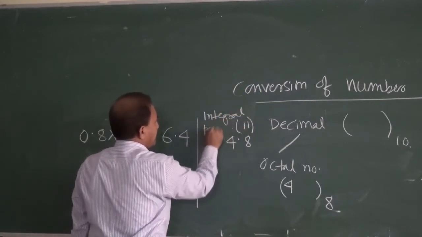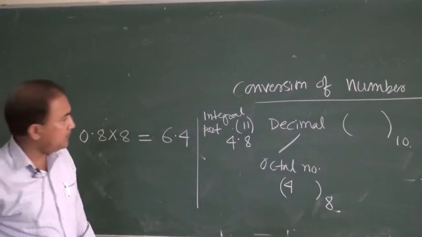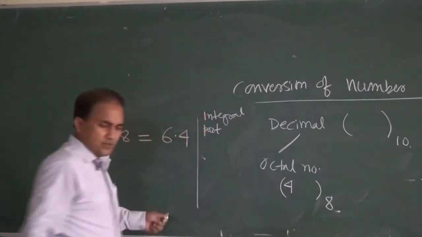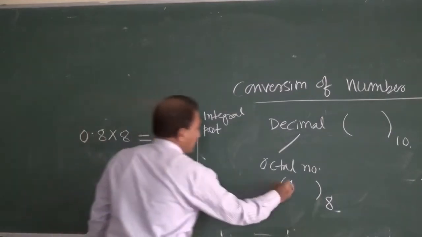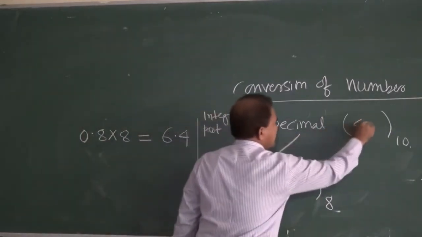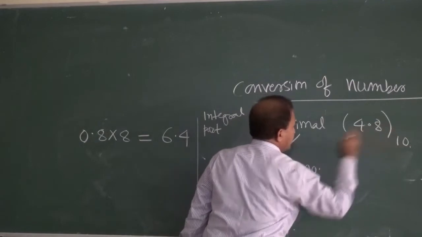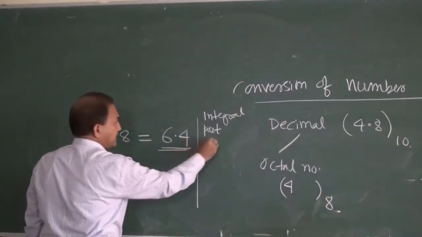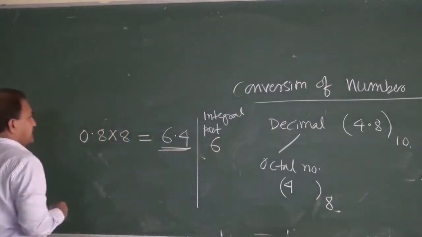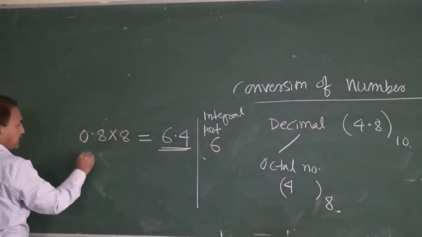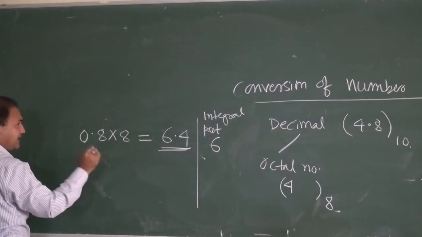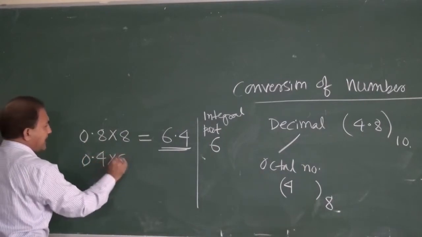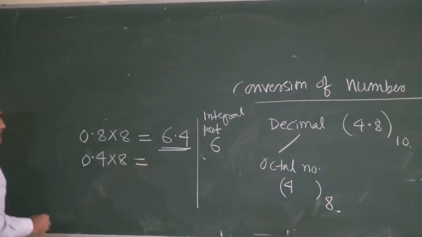You have to take the integral part. So here it is 0.8 to the base 10. In this 6.4, the integral part is 6. Again, after removing the integral part, the number becomes 0.4. Again multiply it by 8.